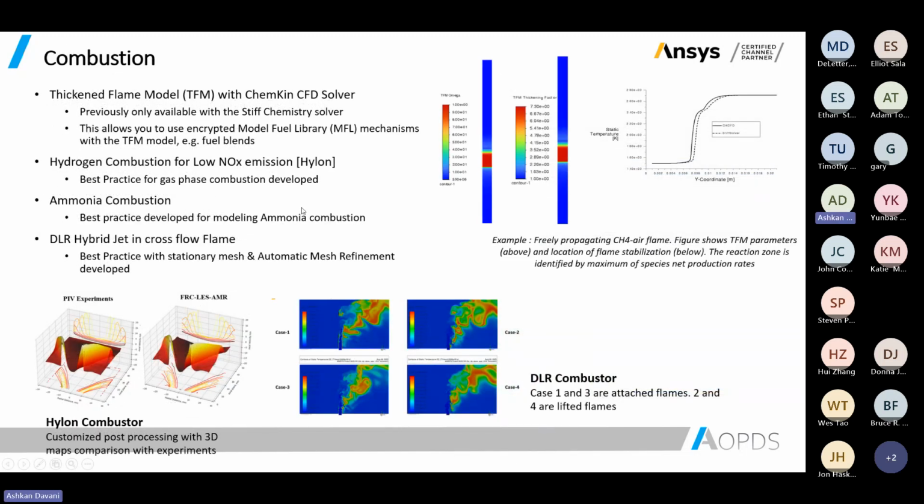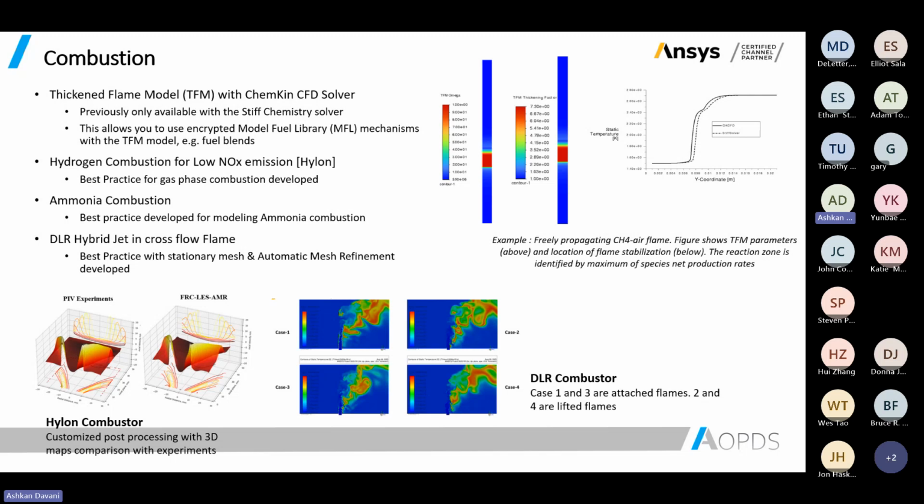There have been a lot of improvements in combustion as well. And again, these are not just GPU, but overall models of combustion in Ansys CFD. Regardless of whether you use CPU or GPU, you can now use the thickened flame model with the ChemKin CFD solver.